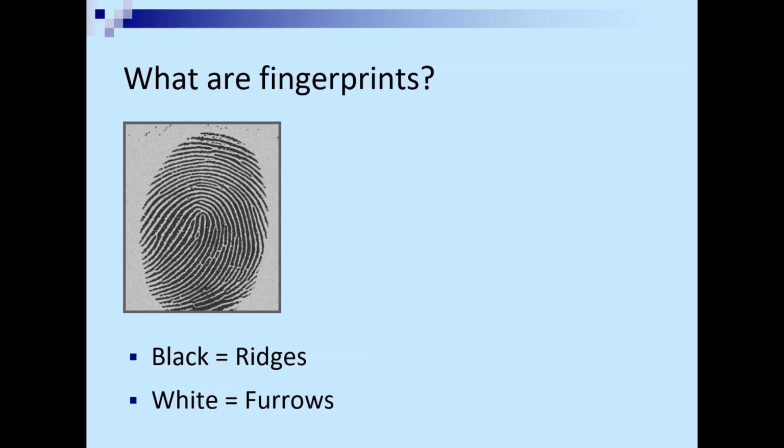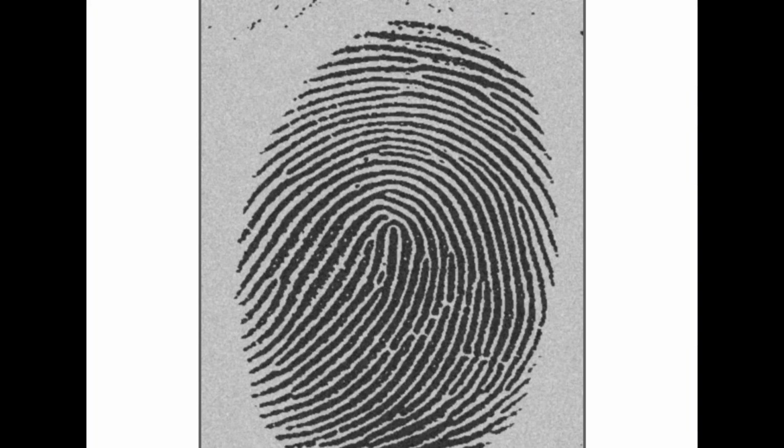So sometimes we're going to talk about ridge endings or bifurcation, which is when a ridge splits into two. So it's important to understand that the black areas in an inked fingerprint are the ridges. Sometimes when you're developing a fingerprint, or if you're dealing with an impression of a fingerprint, it's easy to get the ridges and the valleys flipped around when you're scanning it in the software. So you always want to make sure you keep track of what is the ridge and what is the furrow.